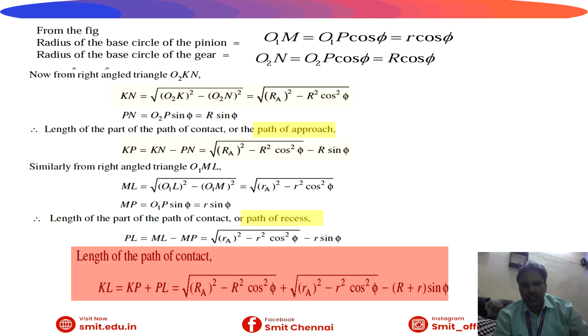On summation, adding the above two equations, we get the expression: root of RA square minus R square cos square phi plus root of ra square minus r square cos square phi minus (R plus r) sin phi.